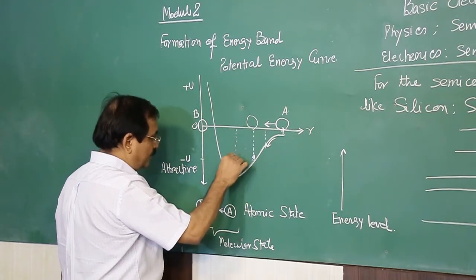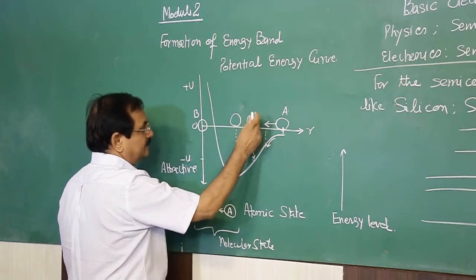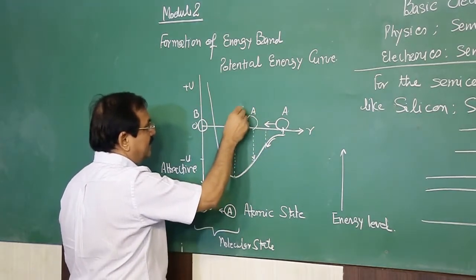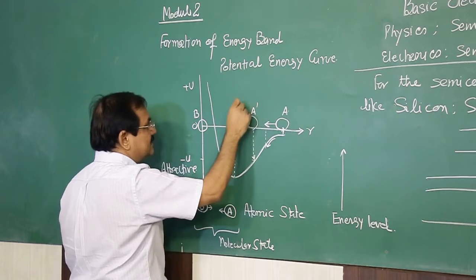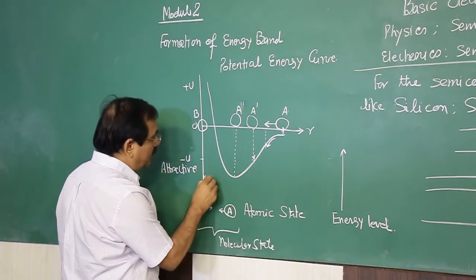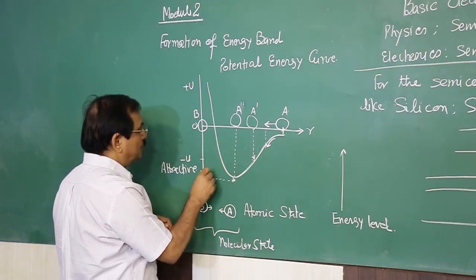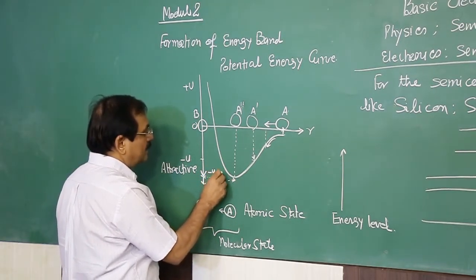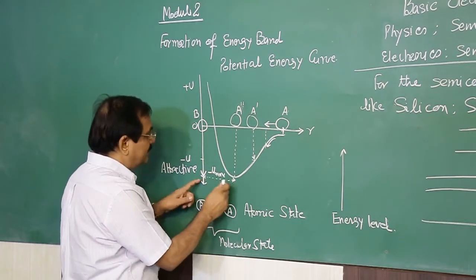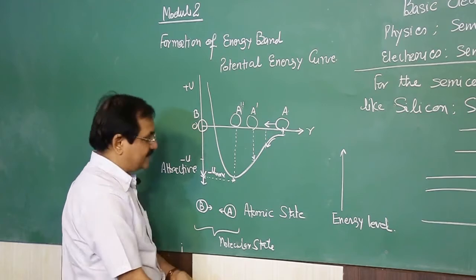At this particular point, when you bring atom A, this is the A double dash state, you find the maximum value of U, this is U max. This U max gives the concept of interatomic distance.